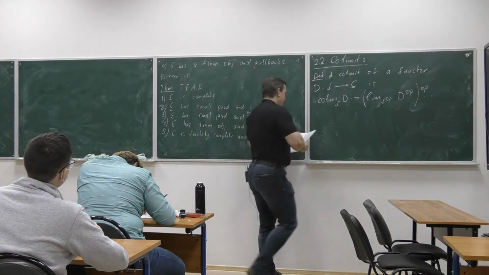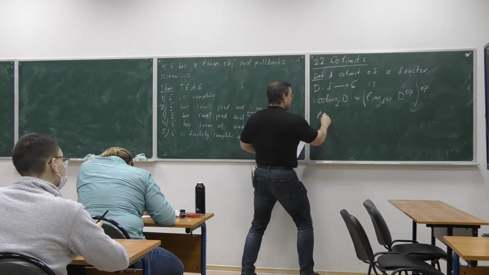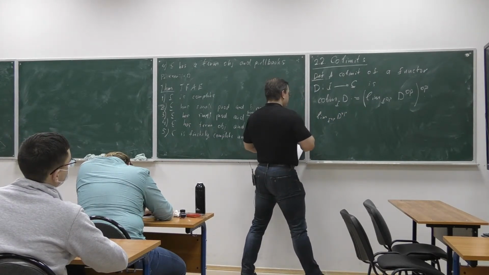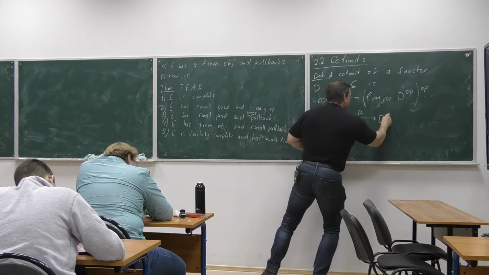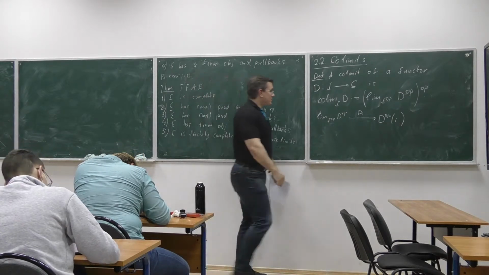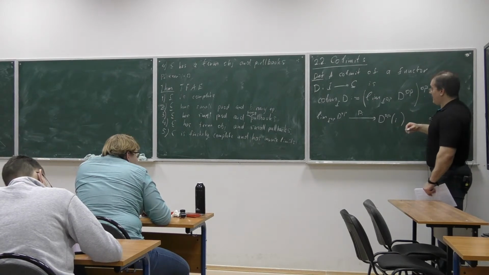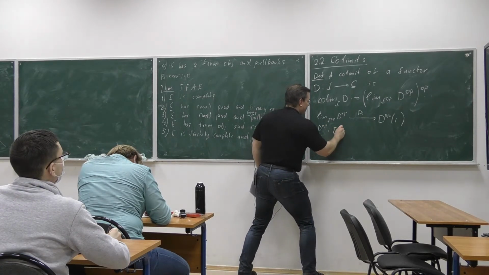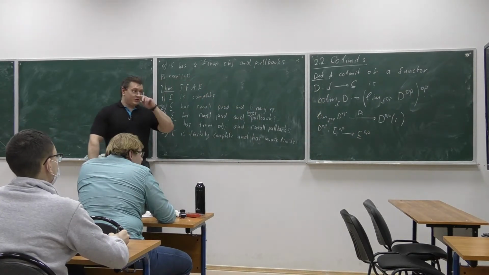Since you start with the limit, you get the following. For the limit, lim over I op of D op, it has projections. So there are projections pi_i to D op of i, right? Now, this is in the category C opposite. Or maybe I need to make a remark that D op is a functor from I op to C op. And as a functor, it's actually the same functor. Just double dualization gives you the same thing.